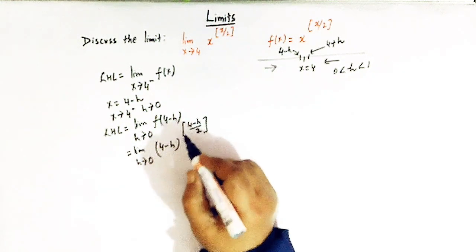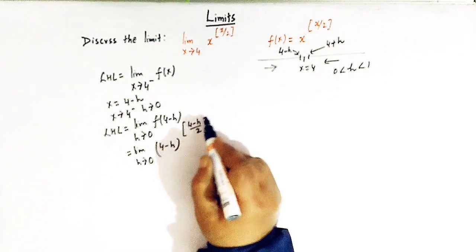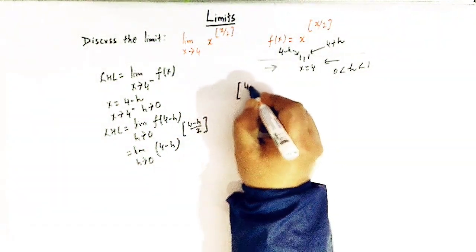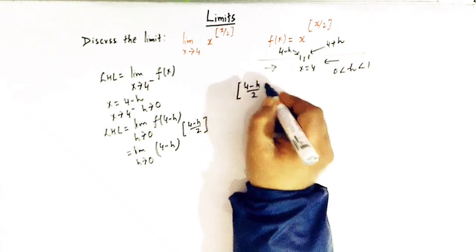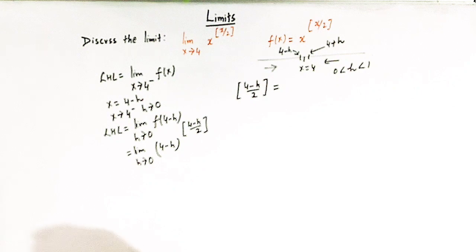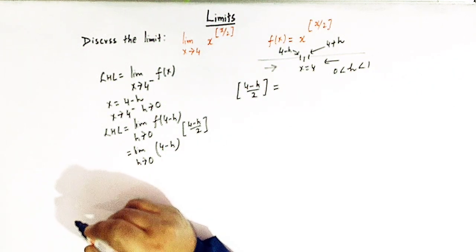Okay, so now we have to concentrate on this term, that is greatest integer of 4 minus h over 2, and we'll solve this expression by using an important property of greatest integer function.